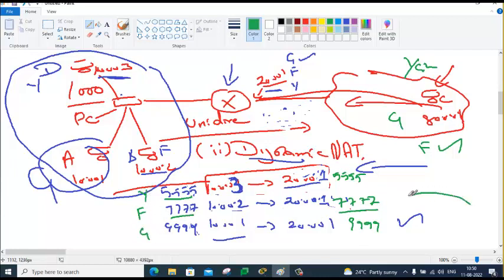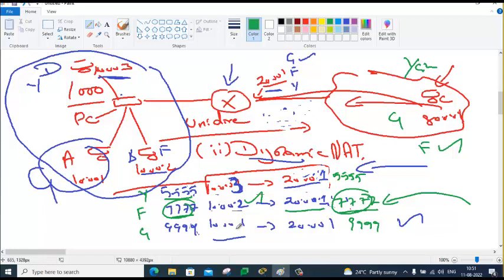So when the reply comes to 7777 of 20001, it will map this 7777 and understand Facebook should go to 10002. You understand? If the reply comes to 5555 of 20001, the traffic will go to which computer? D or A, B or C? D or B or A?